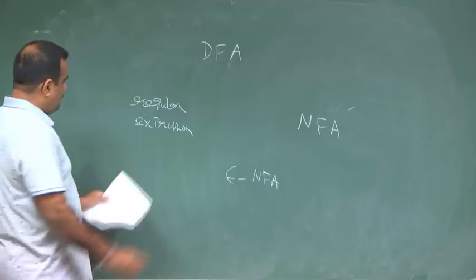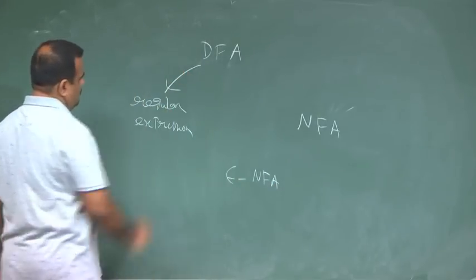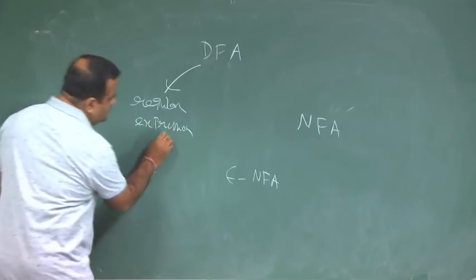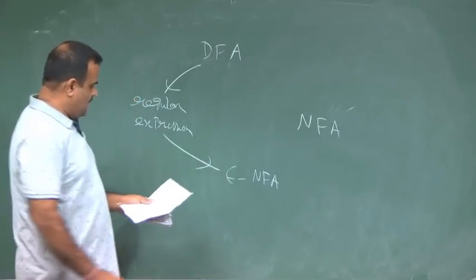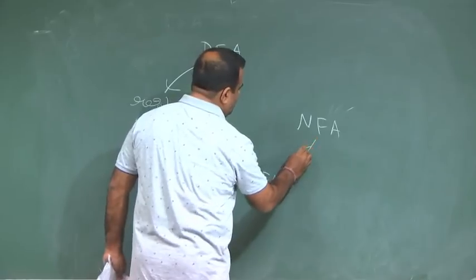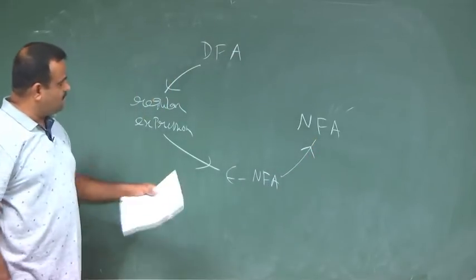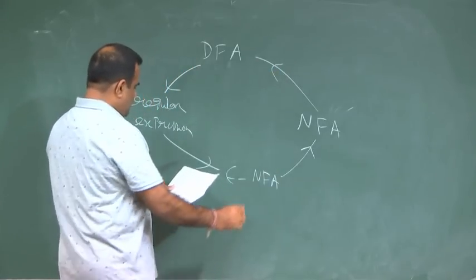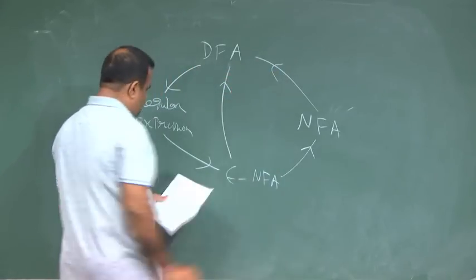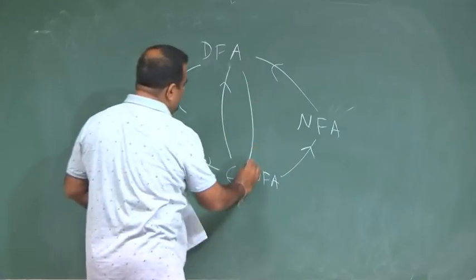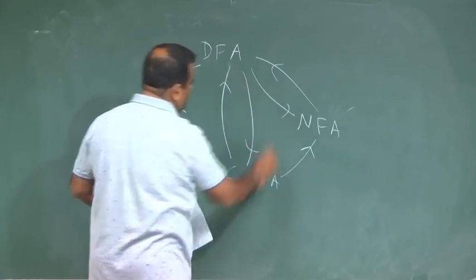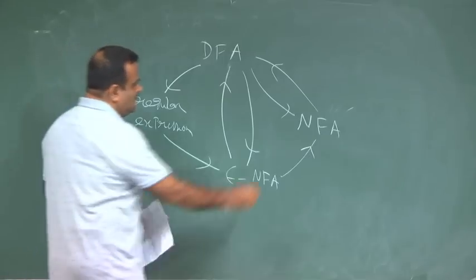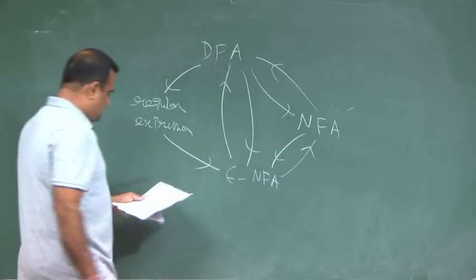From DFA we can have a regular expression, and from regular expression we can have an NFA, sorry, from regular expression we can have an epsilon NFA, or from epsilon NFA we can directly have a DFA. And DFA can be treated as NFA and DFA can be treated as epsilon NFA, all these are true, and NFA is basically an epsilon NFA.